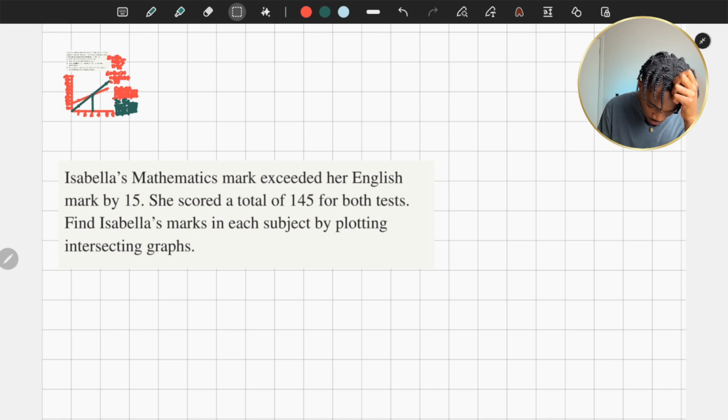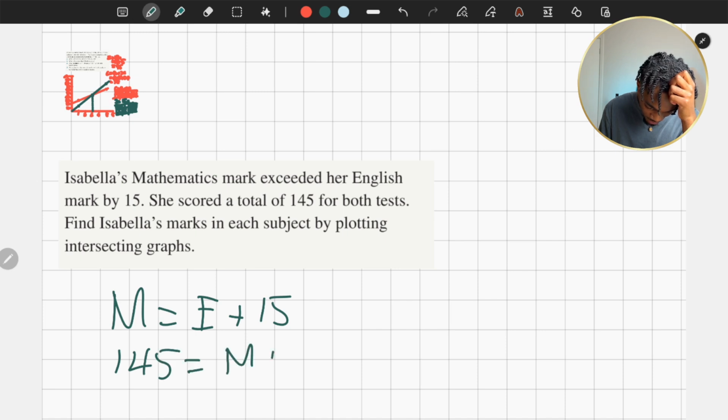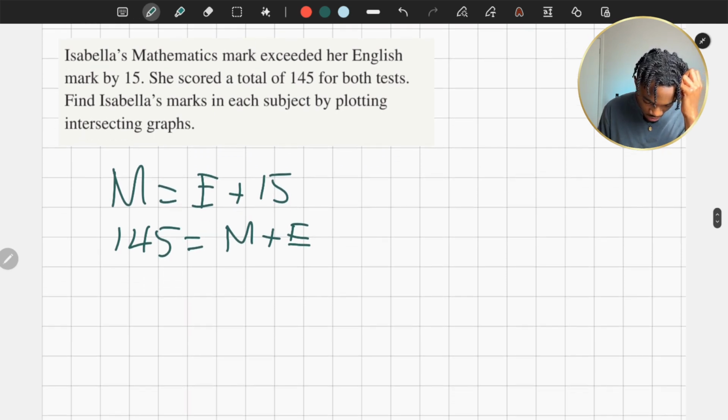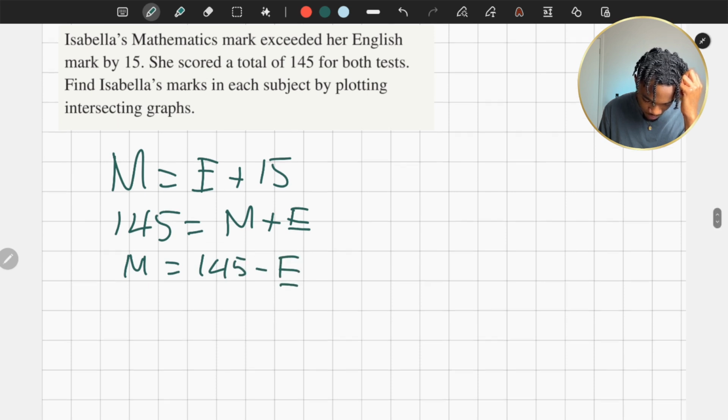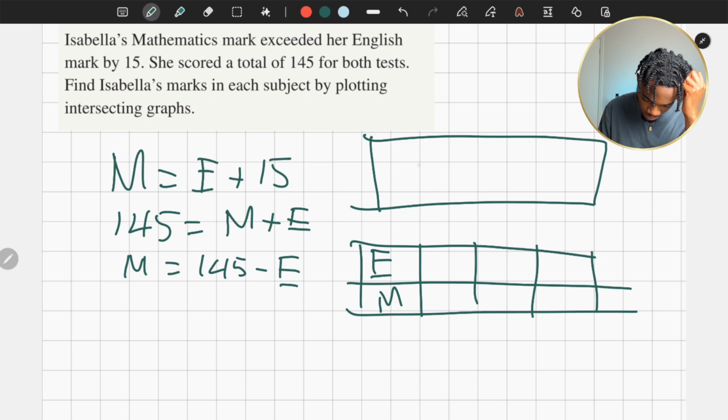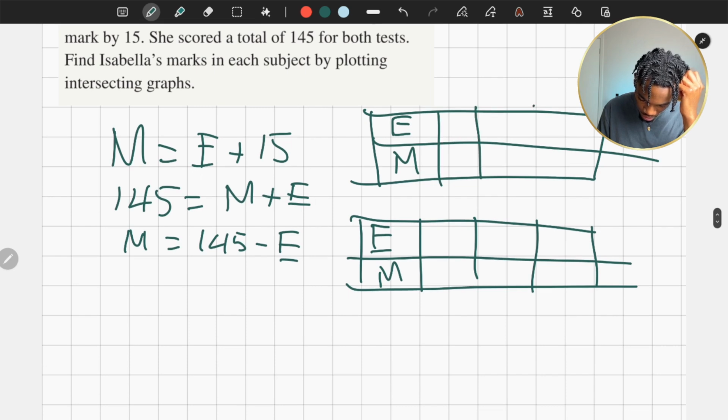So M equals E plus 15, and M plus E equals 145, which rearranged for M is M equals 145 minus E. We write a table with values for each, with E, M and 3 points.